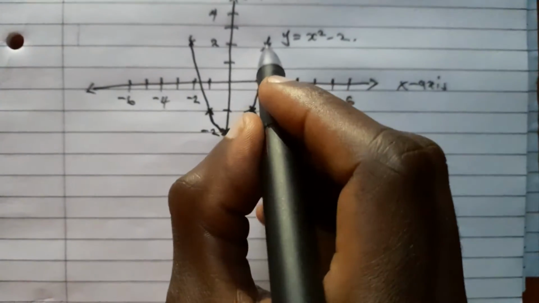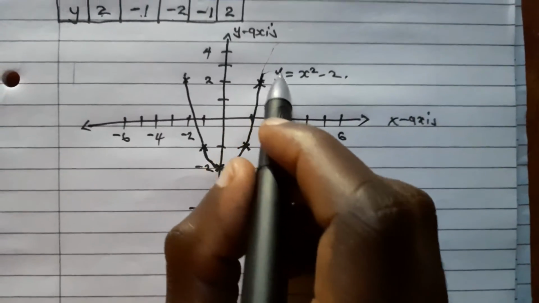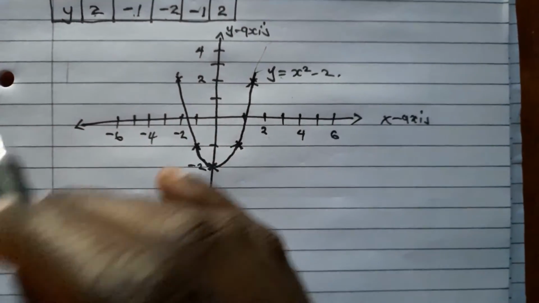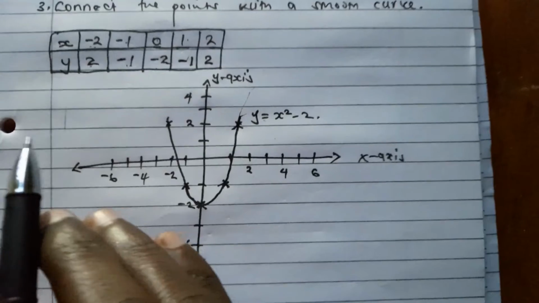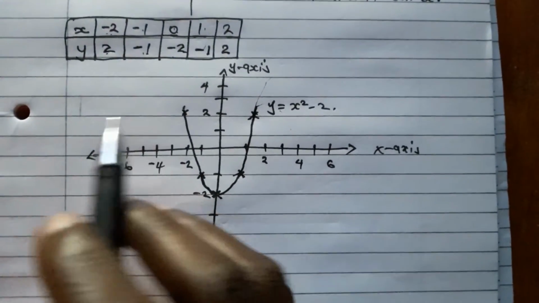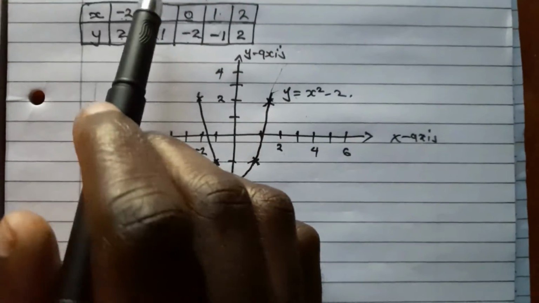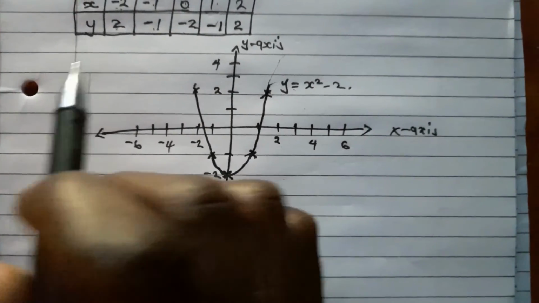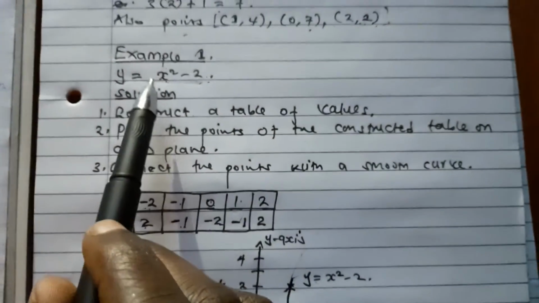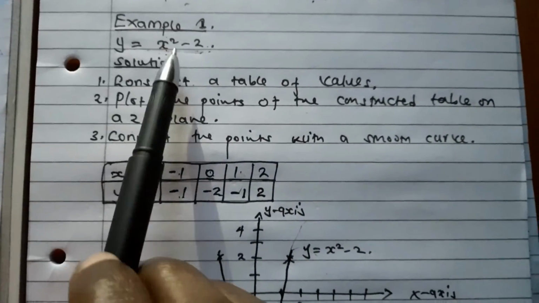Like for instance, at this point, we are not sure whether the curve is moving upwards or downwards. So to get a clear understanding of this curve, we will have to have as many points as possible. Now, other than point plotting, the graph of a given equation like this one can be obtained by using intercept and symmetric properties.